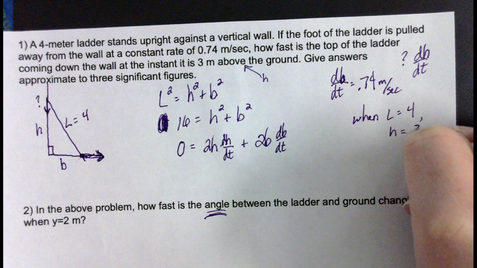So this will be 2 times B, square root of 7, you can estimate square root of 7 and put it back, and dB/dt is 0.74. So this is our mess.